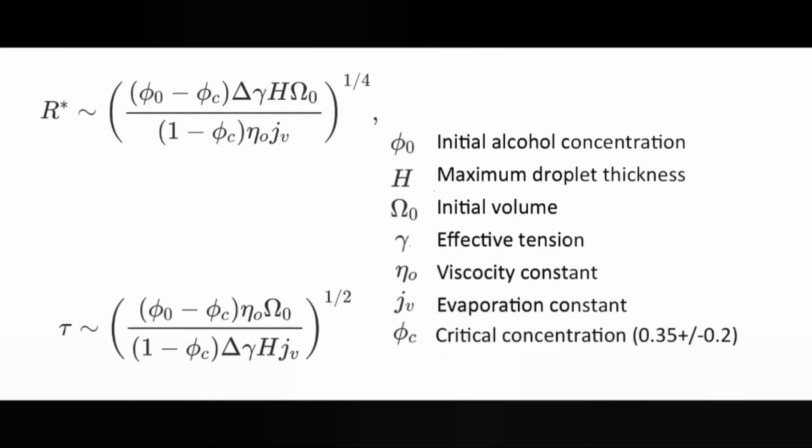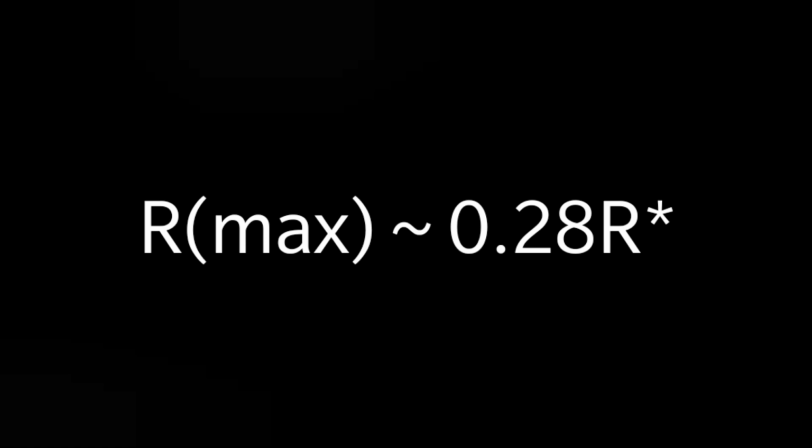In this relation, the slow evaporation of water was neglected, as well as the difference in the density of liquid between the pure liquid and the mixture. Using the constants defined in the associated paper, I was able to determine that Rmax was about 0.28 times the characteristic radius for each mother droplet.